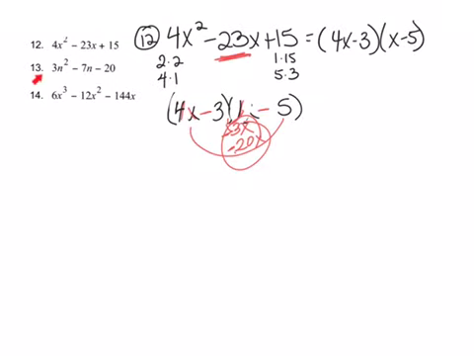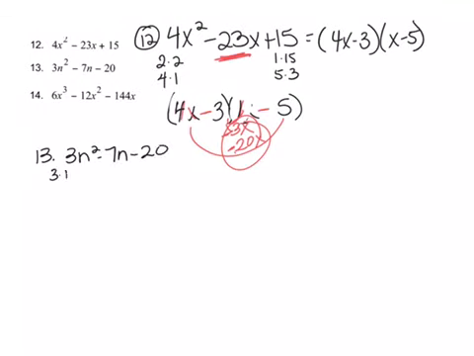And number 13, looking again for common factors, I don't have any, so we're going to look at 3 times 1. Number 13, 3n squared minus 7n minus 20.